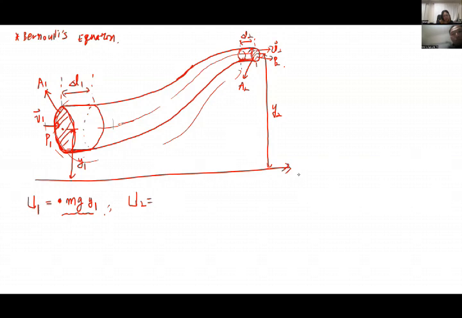That creates some amount of potential energy, mgy2.